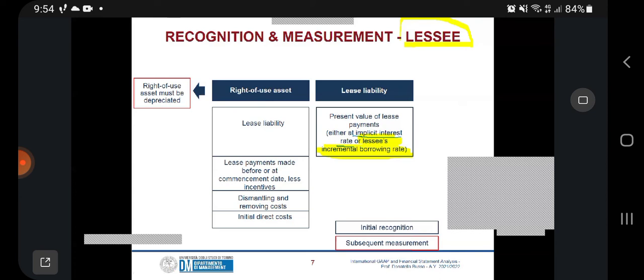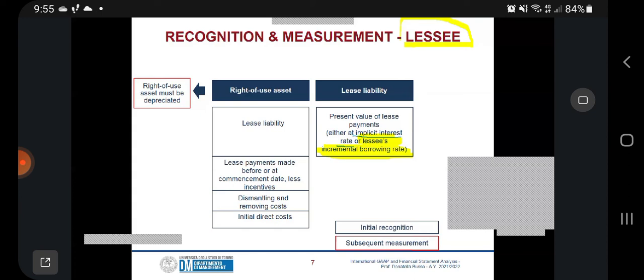This means that we have recognized a right of use asset of 5,537, if I remember well. This is an asset because we have the right to use the building for 6 years.